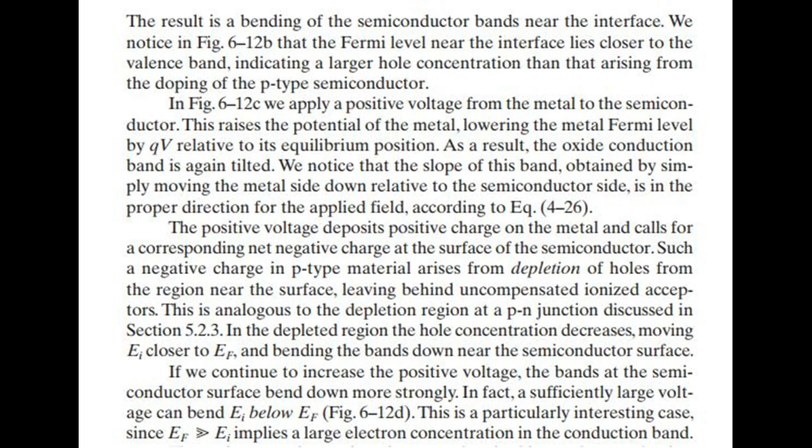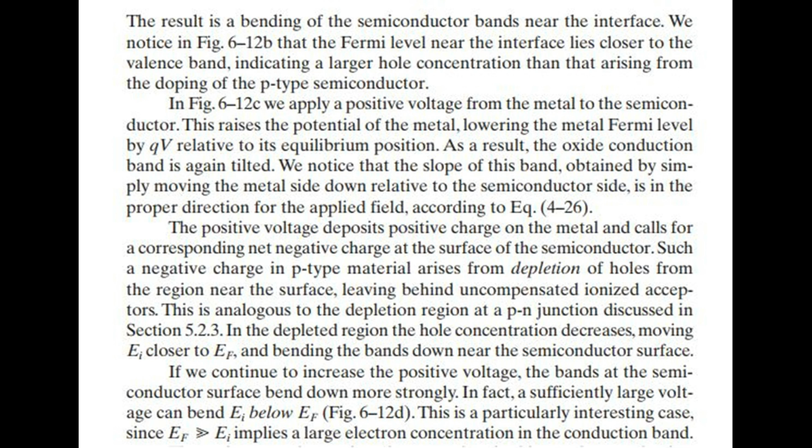The positive voltage deposits positive charge on the metal and calls for a corresponding net negative charge at the surface of the semiconductor. Such a negative charge in p-type material arises from depletion of holes from the region near the surface, leaving behind uncompensated ionized acceptors.